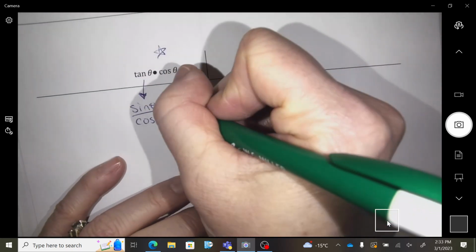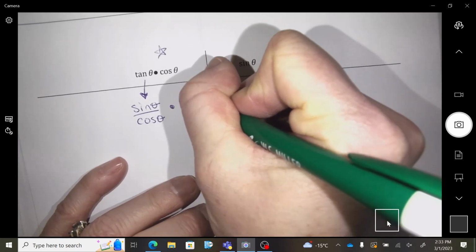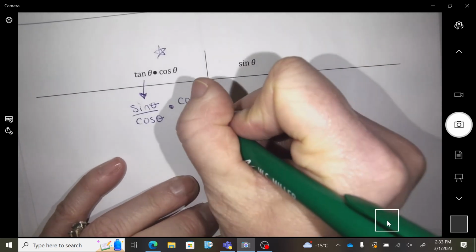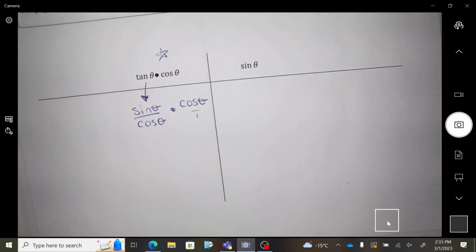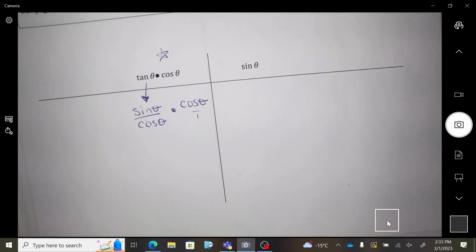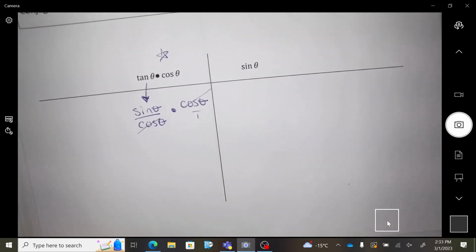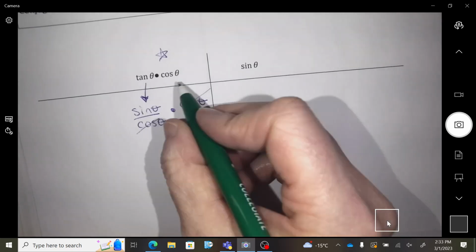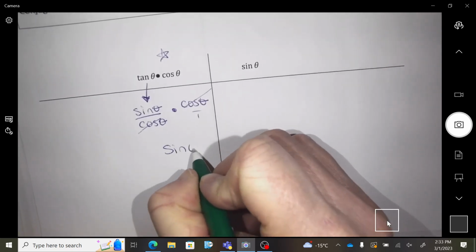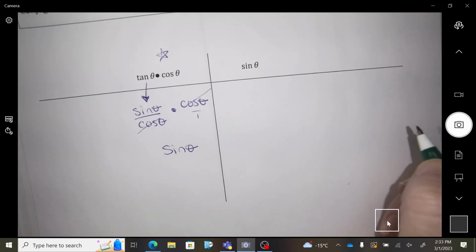Okay, and then I'm going to times by a cos theta. If you would like, you can write it over 1. You don't need to. And then what could happen? That would cancel, right? And we would end up with sine theta. And look at that.